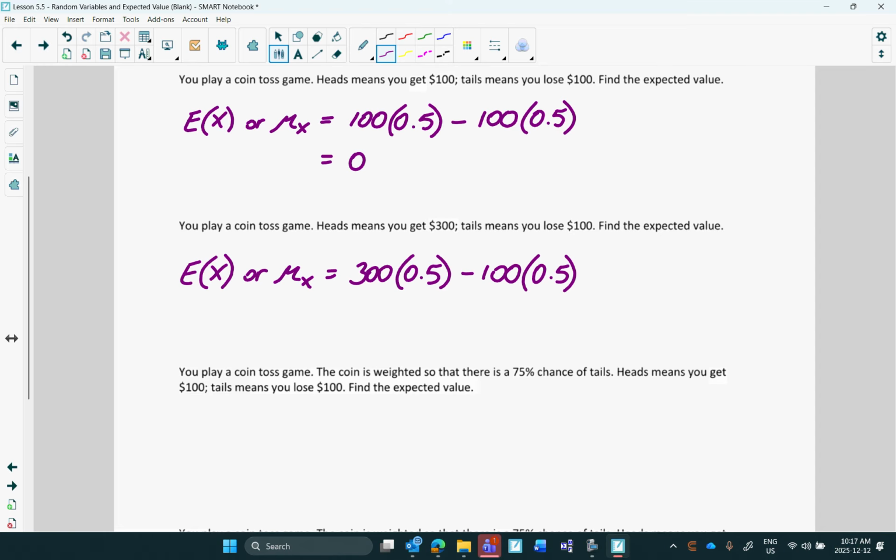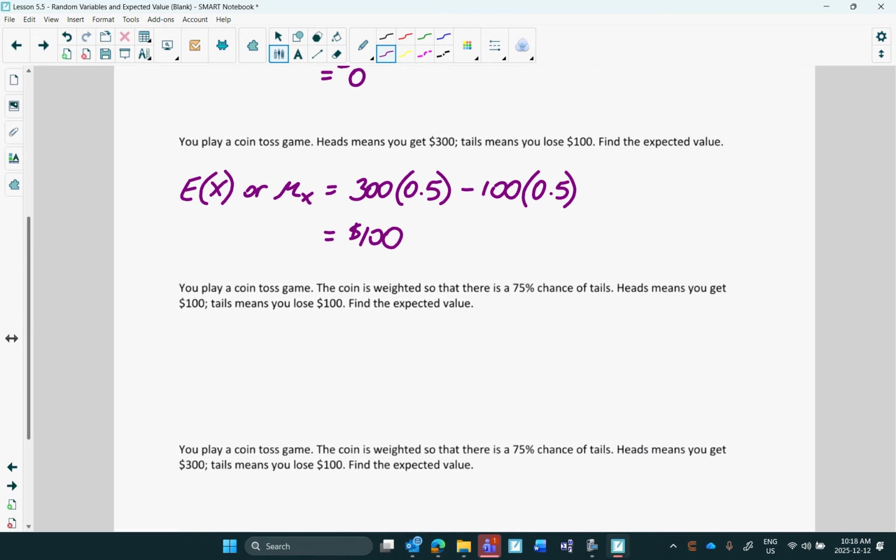It would look like this. Ooh, I think our chances are higher. So this would give me $100, and that's $0. Yeah, much better game. Really good chance you're coming out on top. You can buy your steak dinner at the casino, although I doubt they would have this game.